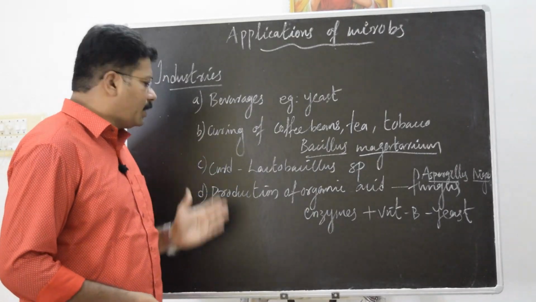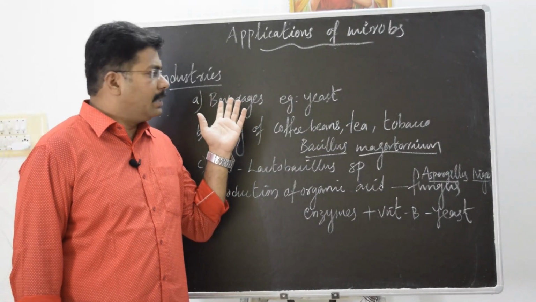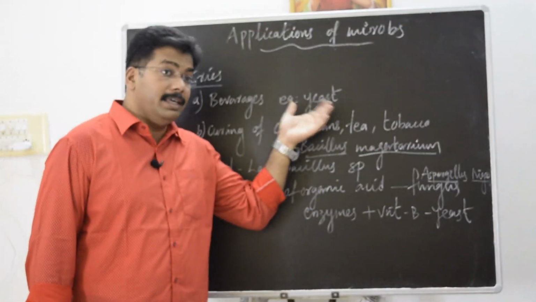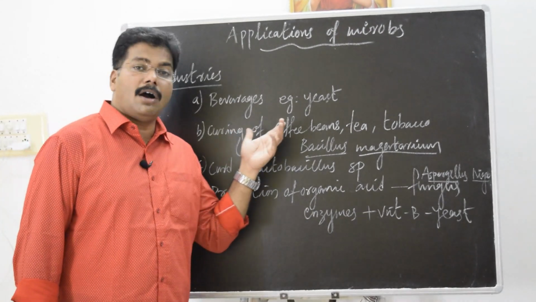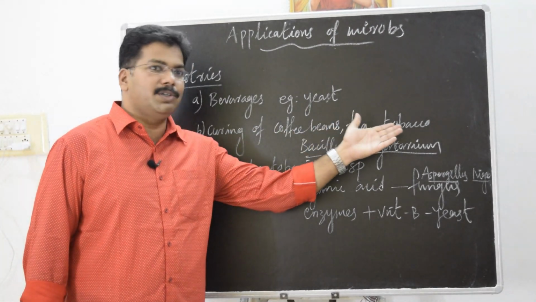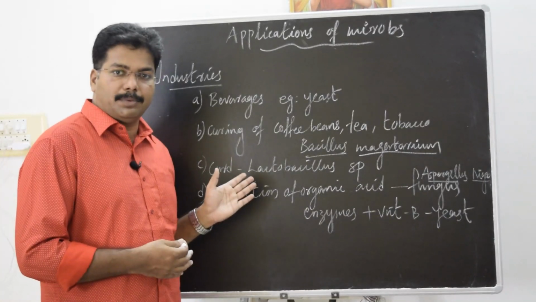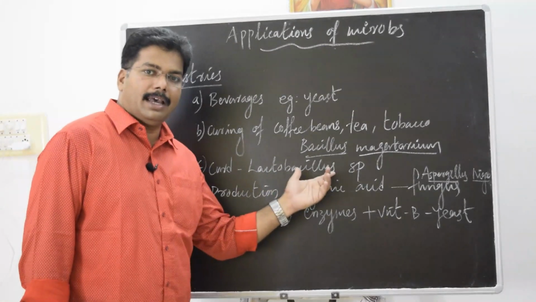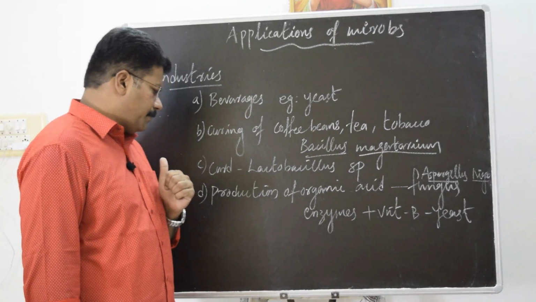I mentioned a few examples. Preparation of wine and beverages is helped by Saccharomyces cerevisiae, a yeast. Curing of coffee beans, tea, and tobacco is with the help of microbes. Lactobacillus helps us prepare curd from milk.